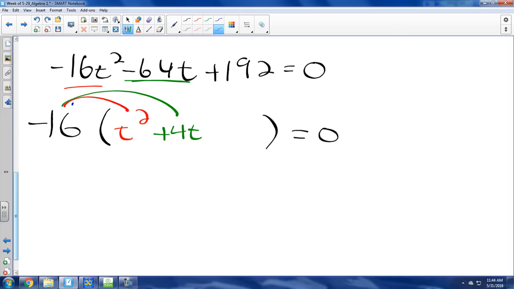And then here we have this guy, which is going to get positive 192? Positive or negative 12? Negative 16 times negative 12 is 192.